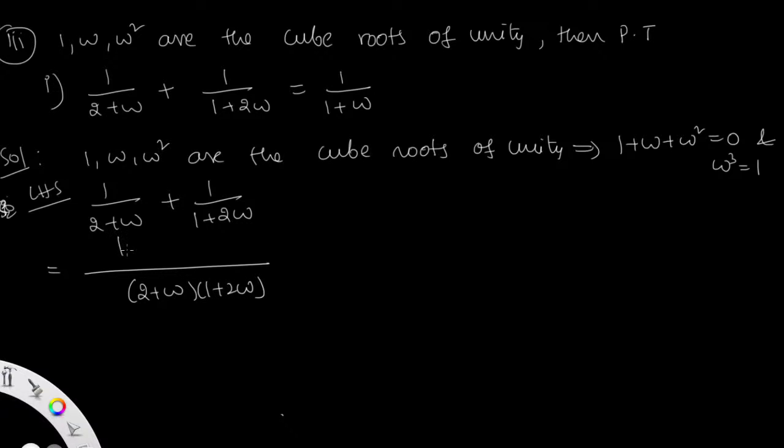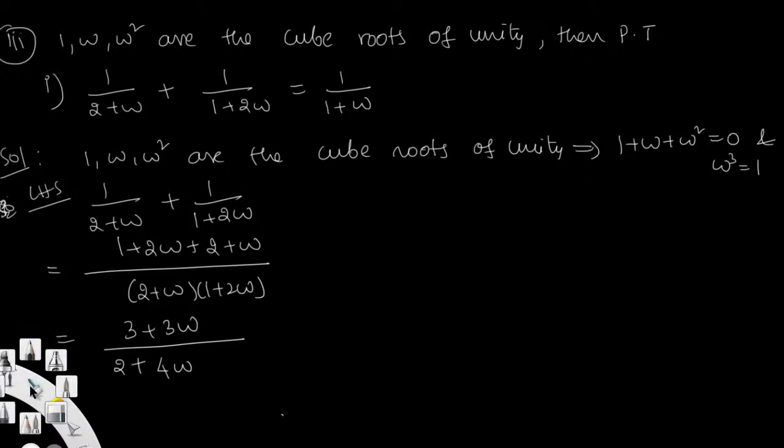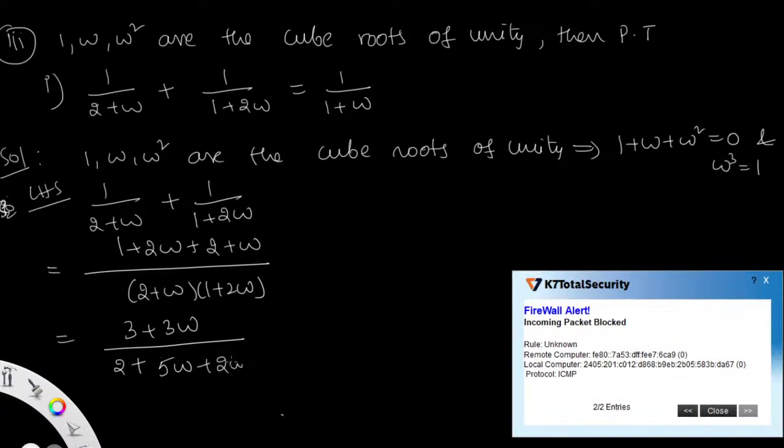The numerator is 1 plus 2 omega plus 2 plus omega, that is 3 plus 3 omega, divided by the general multiplication 2 plus 4 omega plus omega plus 2 omega square. That becomes 2 plus 5 omega plus 2 omega square.